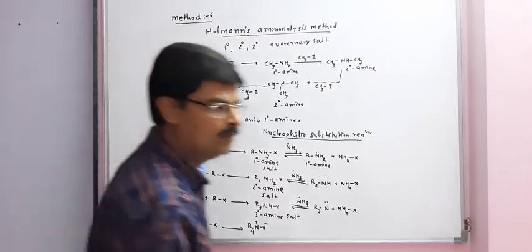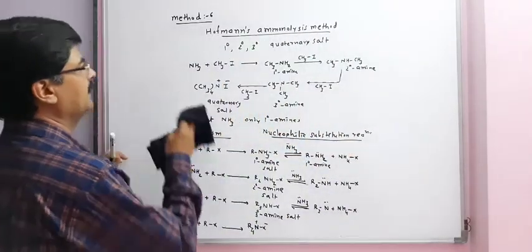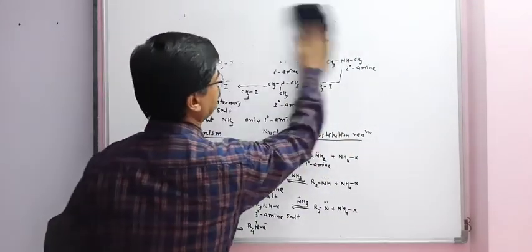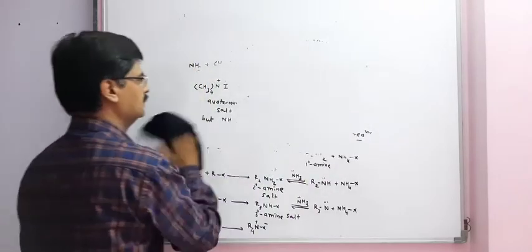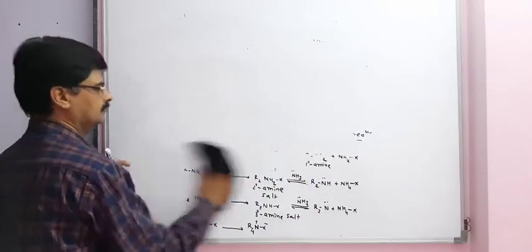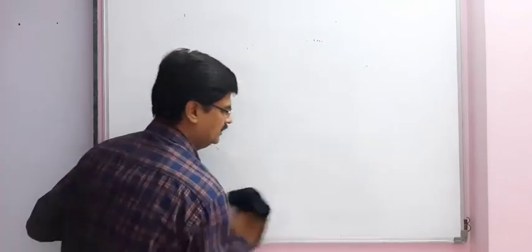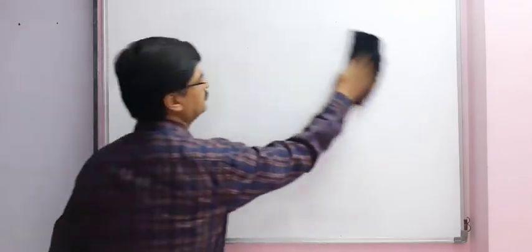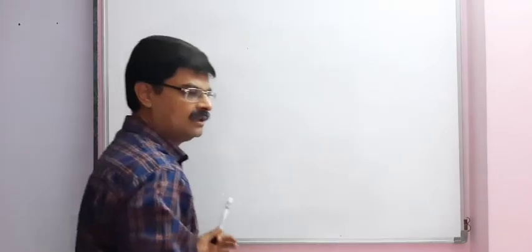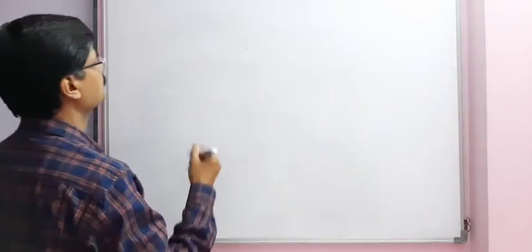Now we will study one more method of preparing amines, that is method number 7. The name of the method is the Schmidt method, in which acids are converted to amines.